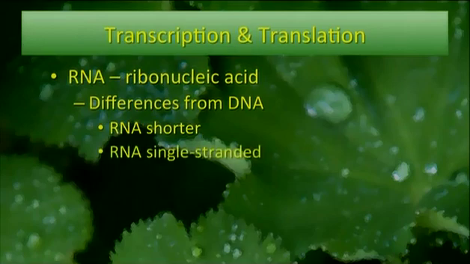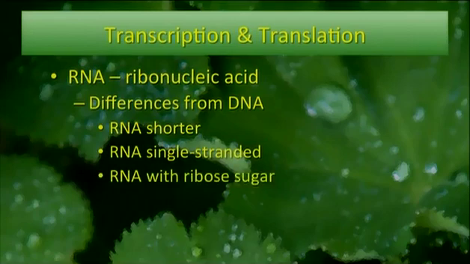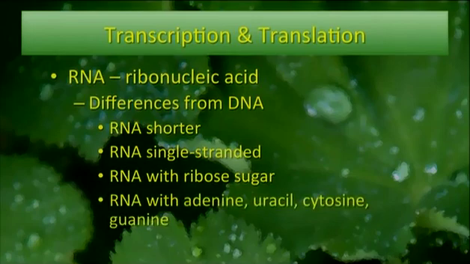RNA is single-stranded, DNA tends to be double-stranded. RNA has a different sugar called ribose, whereas DNA has deoxyribose. And RNA has adenine pairing with uracil and cytosine pairing with guanine, whereas DNA has adenine pairing with thymine and cytosine pairing with guanine.